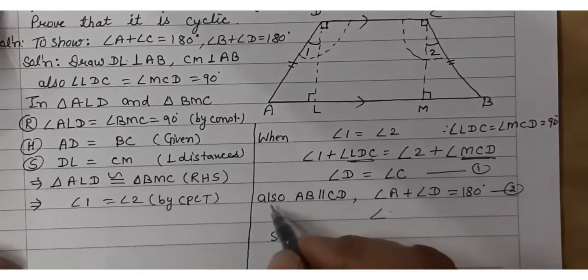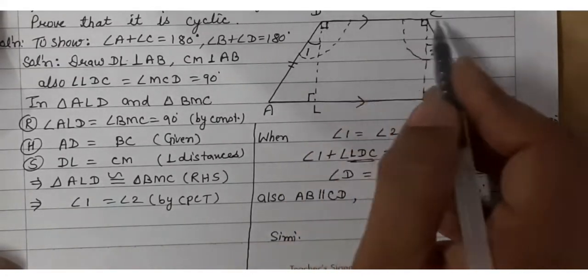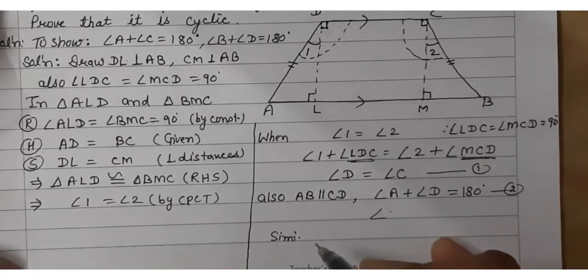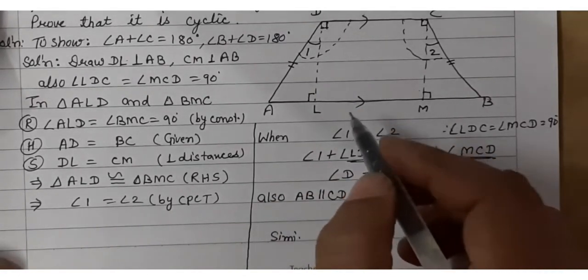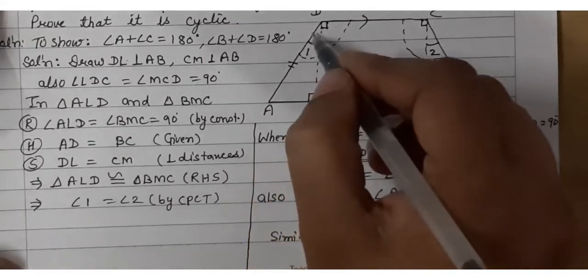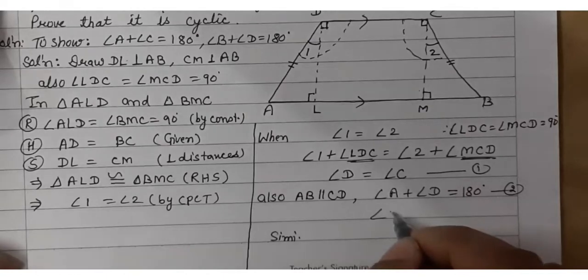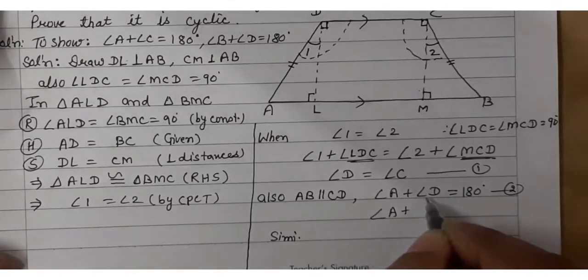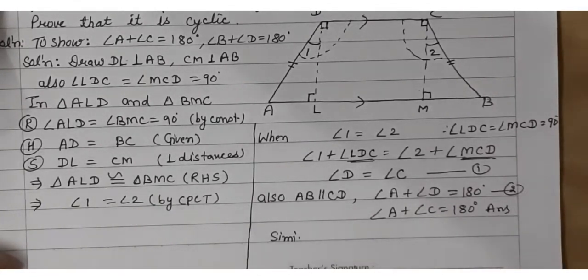And what we know, these two, AB side and CD, both are parallel because of trapezium. Then the sum of co-interior angles, angle A plus angle D, should be 180 degree. But what we know, in place of angle D, we can write angle C, so A plus C is 180 degree. Okay, this is the answer.